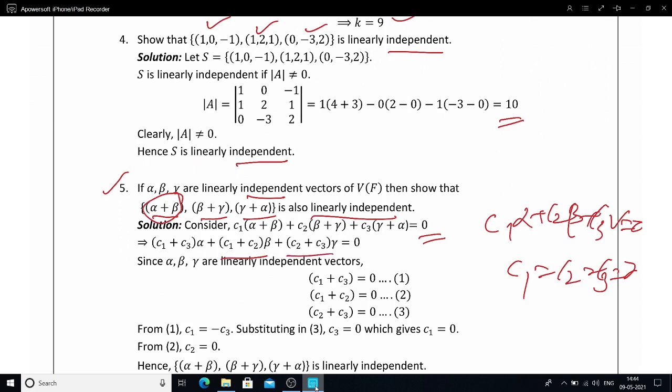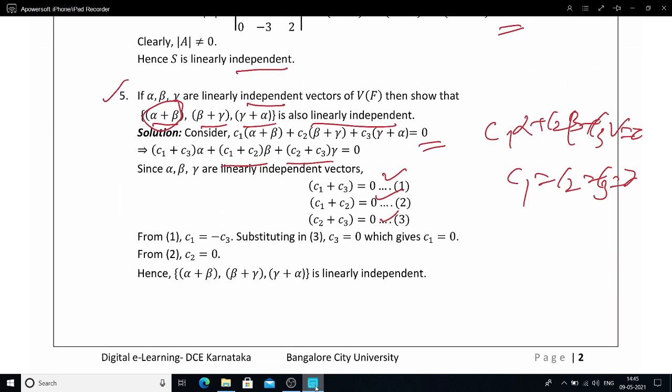Since the vectors are linearly independent, C1 plus C3 is 0, C1 plus C2 is 0, and C2 plus C3 is also 0. If we solve these three equations, we get C1 as 0, C2 as 0, and C3 as 0.